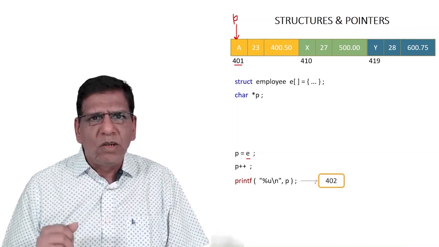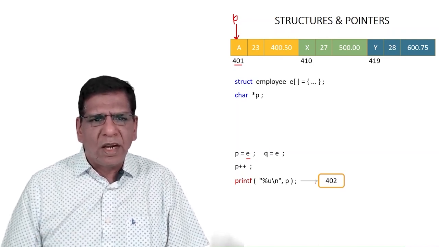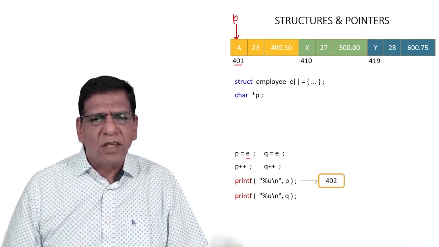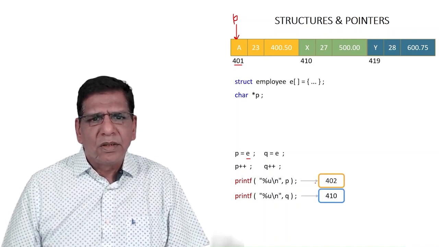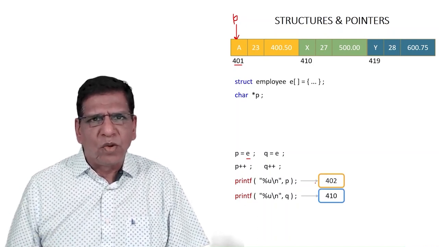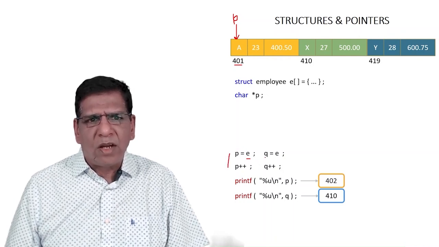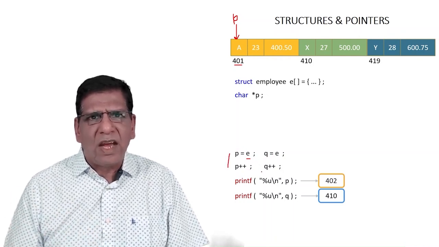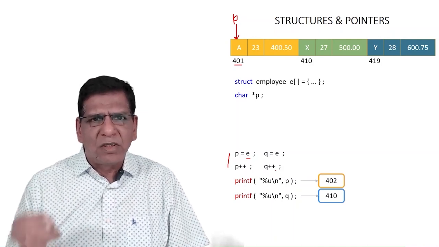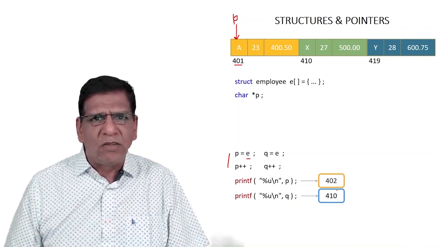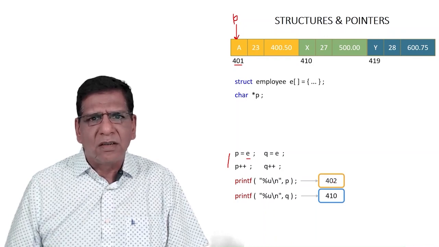Then I may do Q equal to E, again do a Q++, and then print the value of Q. I want this to give me 410. A char pointer on incrementation takes you to the next char. Then I must think of Q as a pointer which will take me to the next structure.